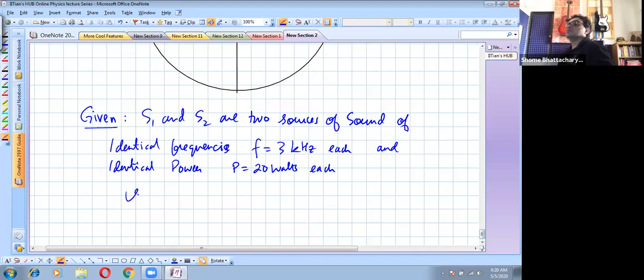Speed of sound is given to us as 330 meters per second.